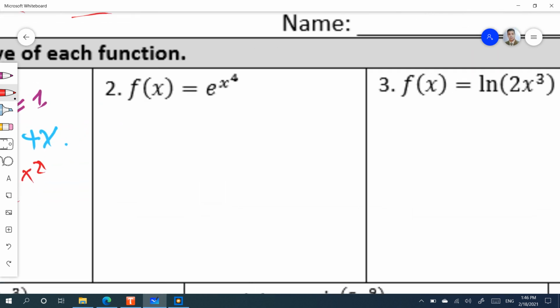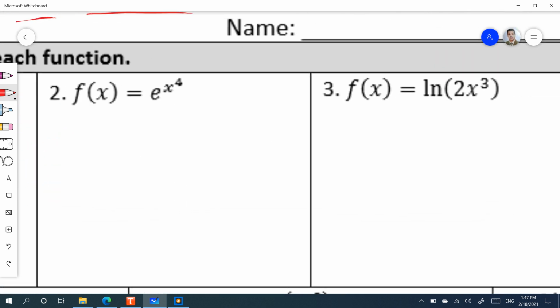The second function, as we explained previously: the derivative of the exponential function a to the power f of x. I will repeat this.